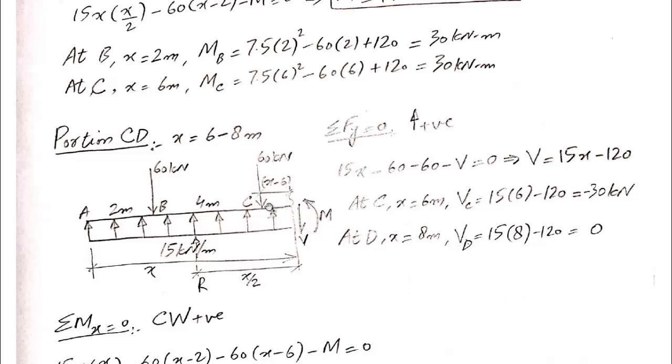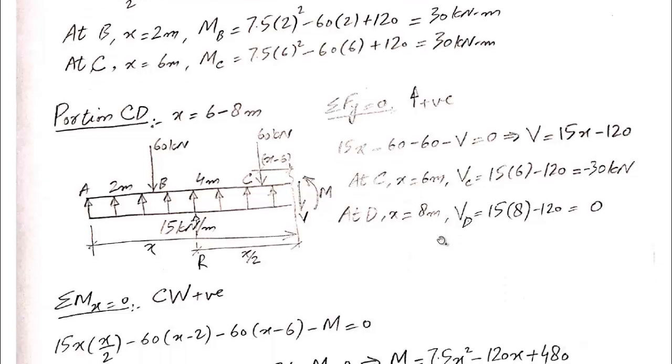And for this 60 kilonewton force, the part of the beam present on the left side of the force is 6 meters, 2 plus 4. So the perpendicular distance between this load and the section is X minus 6. And the last thing is the exposed shear force and bending moment. This completes the free body diagram for portion CD.